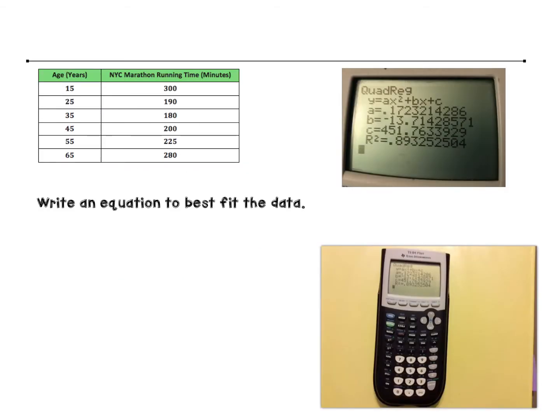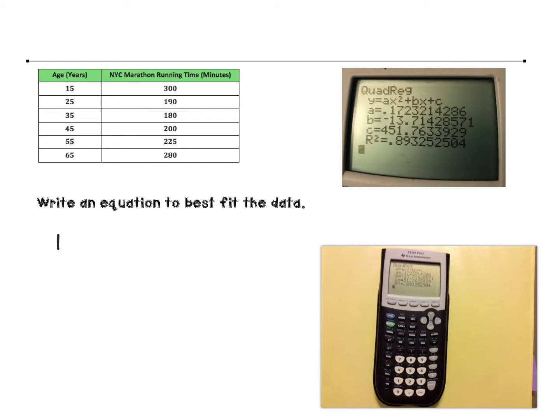All right, so once I have put my data into the calculator and I looked at the stat plot to see which function fit it best, and I decided it was quadratic. So if you don't remember how to get this equation, here's a video down here that will remind you. But we're going to go ahead and write the equation that will best fit this data.